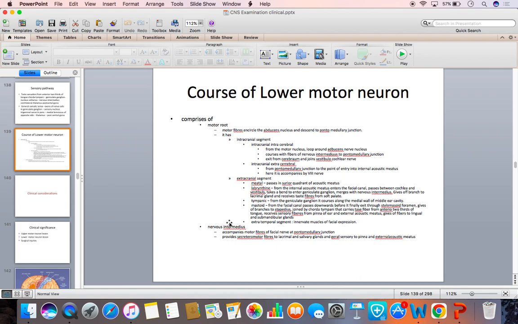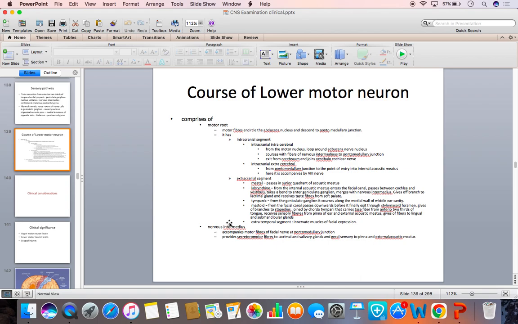The intracranial segment of the facial nerve is the one which runs from the nucleus of the facial nerve and ends at the pontomedullary junction. This part of the facial nerve is in close relation to the nucleus of the sixth nerve. It is closely related to the pyramidal fibers, and still laterally it is related to the eighth nerve nucleus and other structures of the brainstem, like the ascending sensory pathways such as the medial lemniscus, and it is also associated with the parapontine reticular formation.